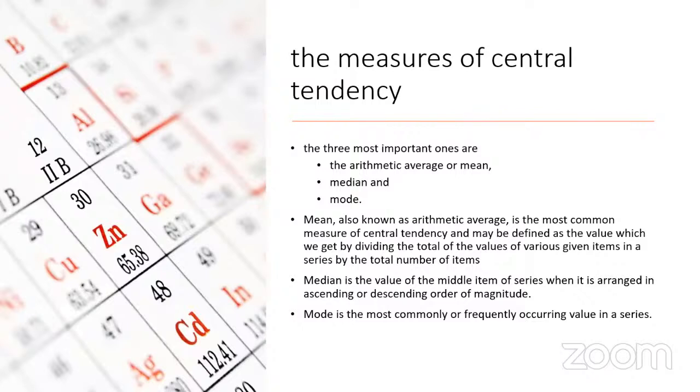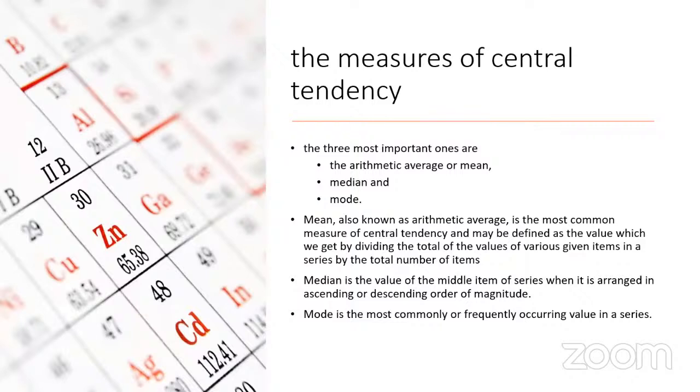Next is your median. If you take a series of numbers and arrange them in either ascending or descending order, picking up the middle number would be the median. You strike off one on each side, and ultimately whichever single number remains would be the median. But there is a problem here.